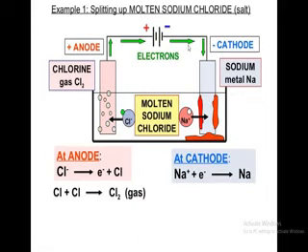Moving to the next example, sodium chloride, which in the molten form ionizes to give chloride and sodium ions. Again the same is happening. The chloride ion is going to the anode and losing an electron, forming a chlorine atom. This combines with another chlorine atom to form chlorine gas.